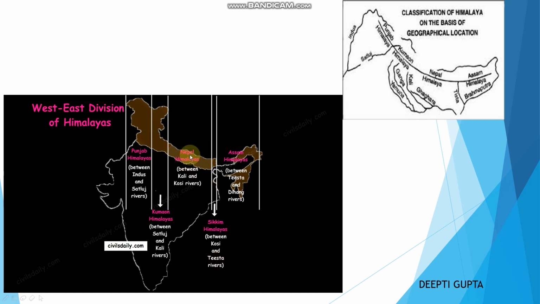So we combined the Nepal Himalayas and Sikkim Himalayas. From Tista to Dihang we have Assam Himalayas. So the Himalayan region is also divided on the basis of rivers.